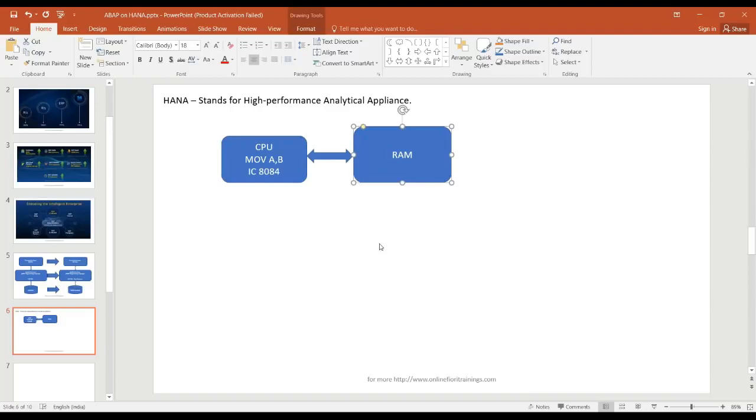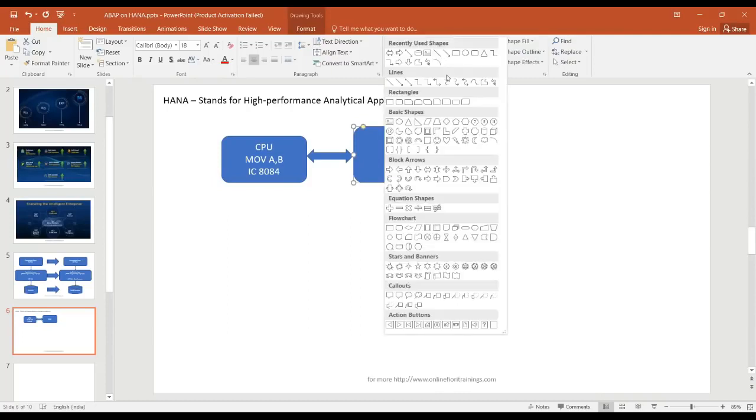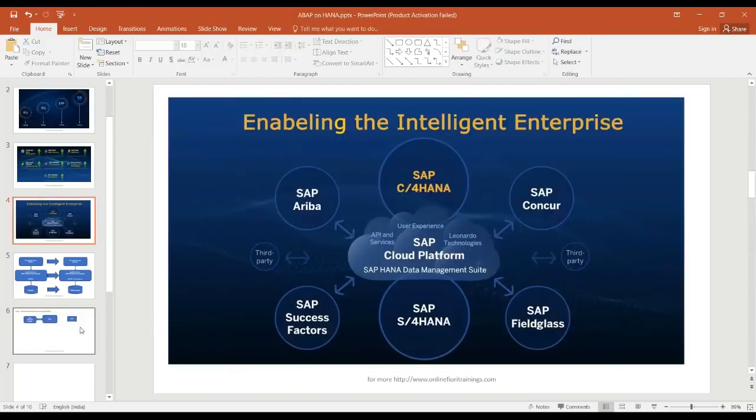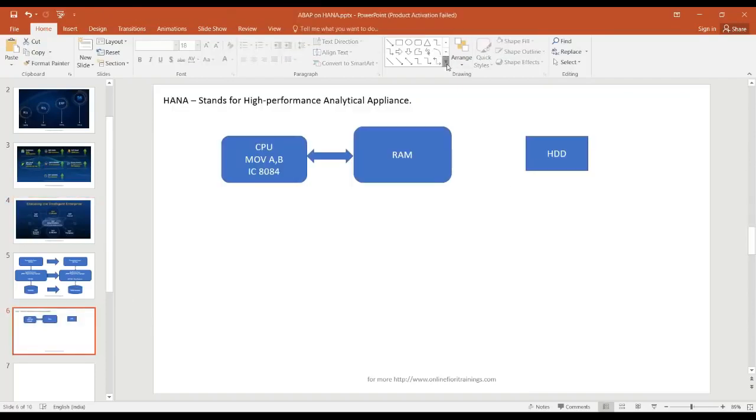This is the reason that if you want to store a large amount of data, we don't use RAM. We only use RAM for the most important operations, which are currently being executed. The ultimate data store for a computer is something called the hard disk drive, HDD. And HDD is where you keep all the data.